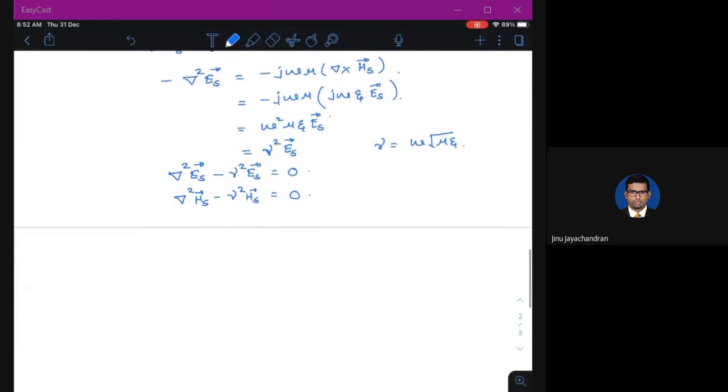Okay. Now let me make a small correction in that equation. Let's say I say del square Es plus K square Es equal to 0 and del square Hs plus K square Hs is equal to 0, where K is equal to minus gamma.